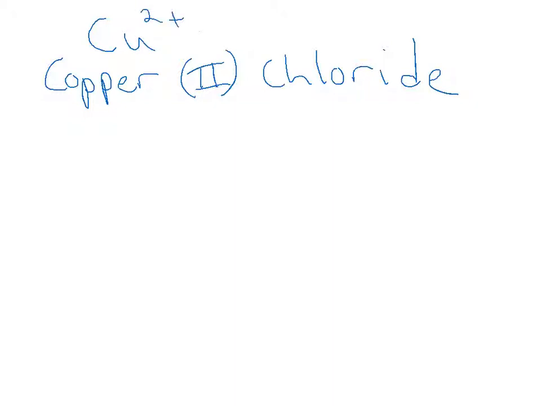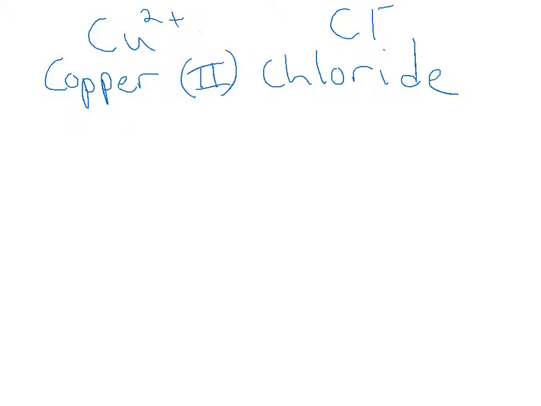And going over to the anion, chlorine is in group 7. When it ionizes, it becomes chloride. It picks up 1 electron and now has a negative charge.